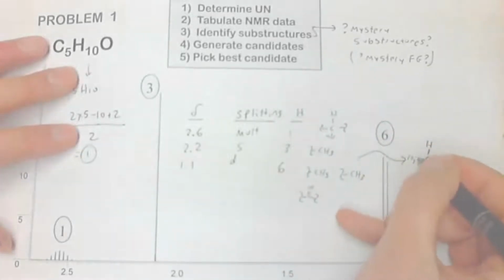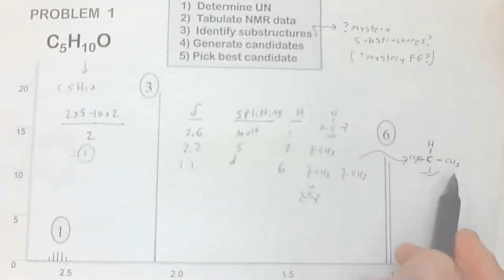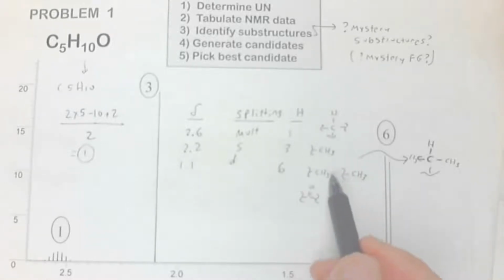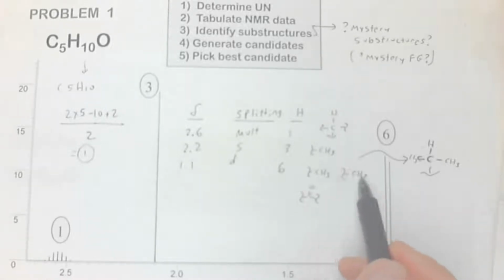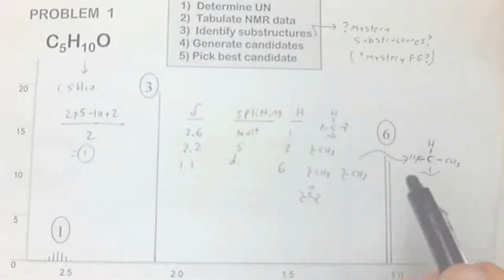See that? It's an isopropyl group. CH3, CH, CH3. We determined that these two are connected to that one. So now I'd probably get my eraser out if you've got an eraser.